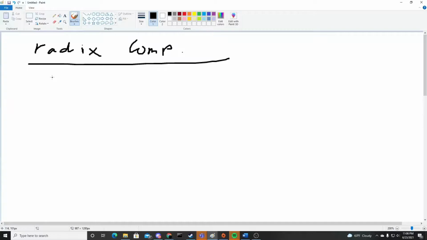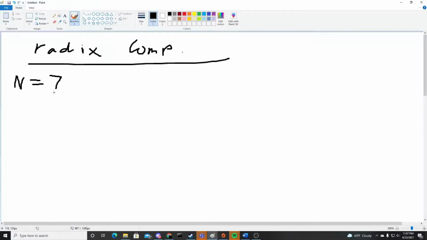Let's say we have the number 7 in base 10, which again is the normal numerical system that we use in our day-to-day life. So we're going to say N equals 7. We're basically going to represent 7 by the capital letter N.